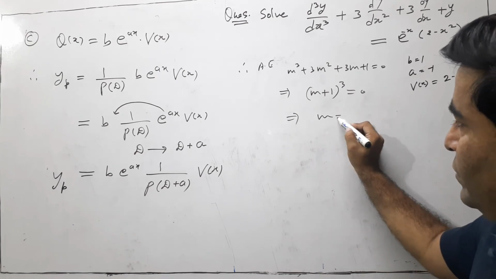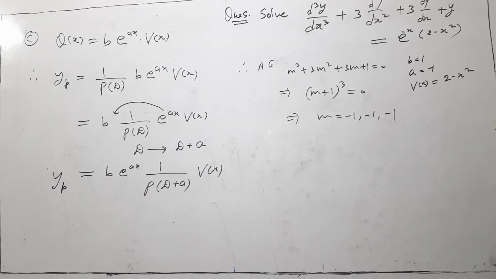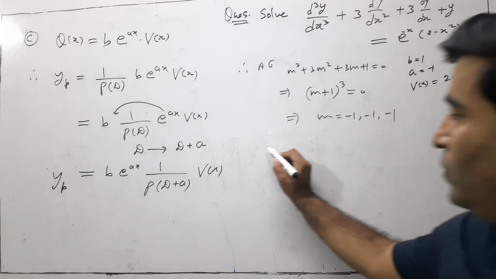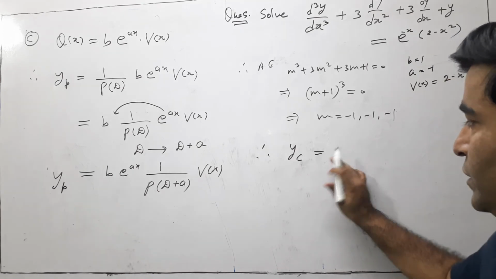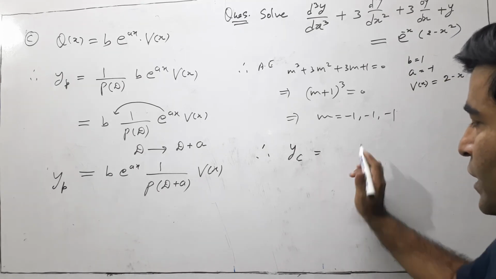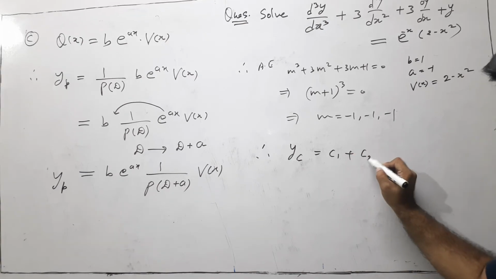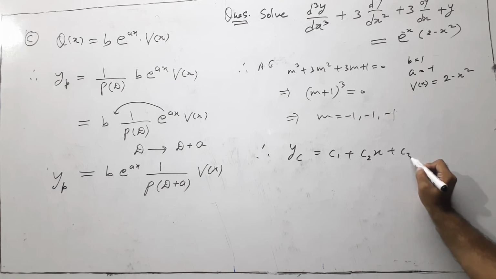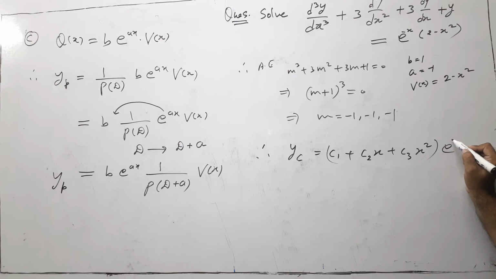So minus 1 is repeated 3 times. So the complementary function in this case, since the root is repeated 3 times, we take it up to x square: (c1 + c2 x + c3 x square) e to the power minus x.